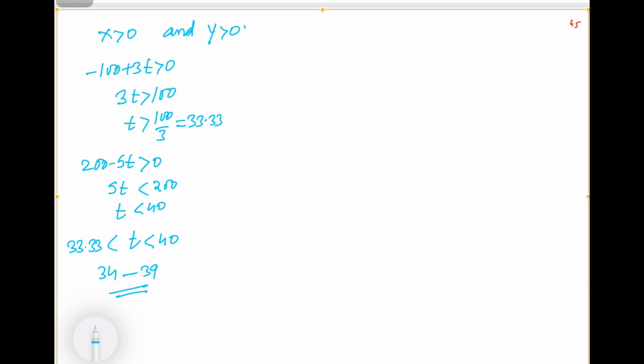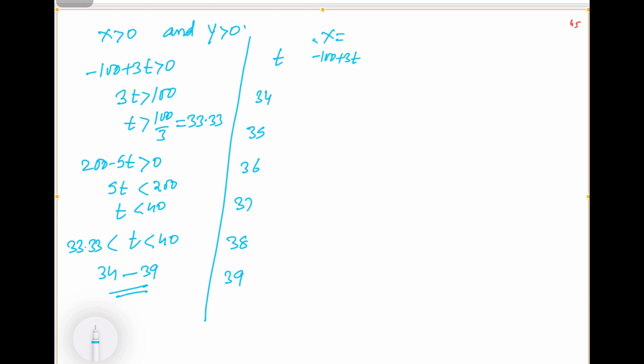So let's write the values here. So t is 34, and x is minus 100 plus 3t, and y is 200 minus 5t, and also we know z is 100 minus x minus y.